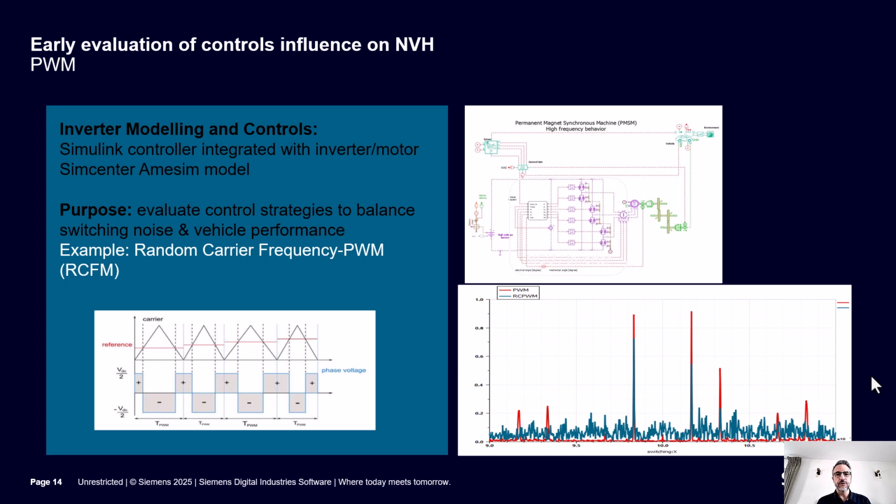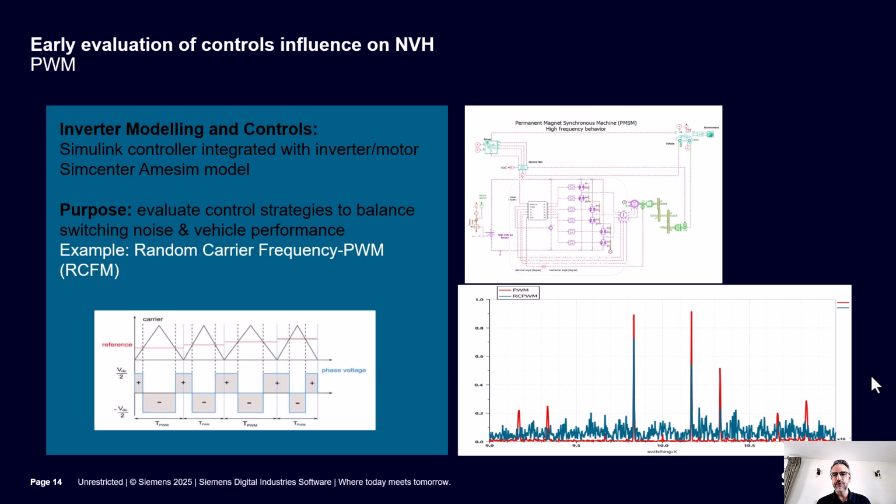We have our inverter model here, the controls which are defined as an input, and this is all integrated in a full vehicle model, a basic full vehicle model. And here we see, for instance, A to B comparison about the impact of control strategy on the NVH. Basically, we do try to spread the frequency content of the excitation and to avoid pure tonal excitations.